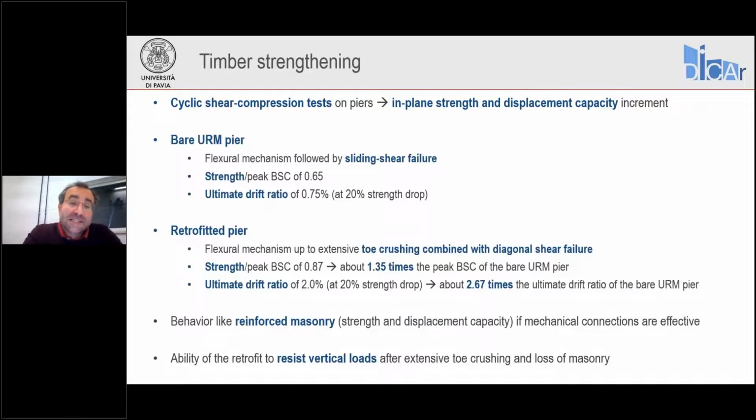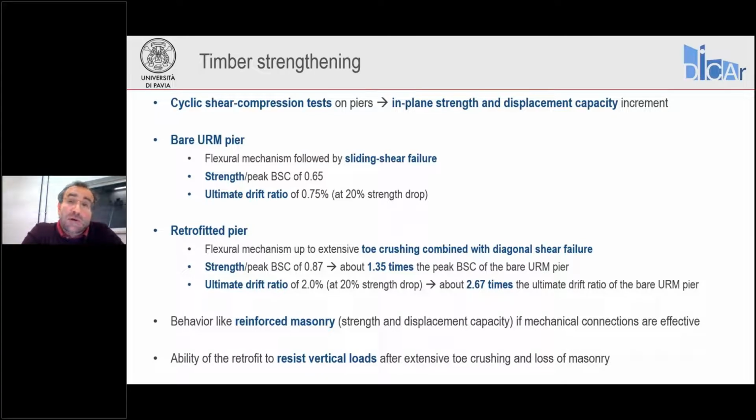And what we can see is that with the retrofit system, we increased the lateral strength by about a factor of 1.35. So the strengthened specimen was 35% stronger than the unretrofitted one.